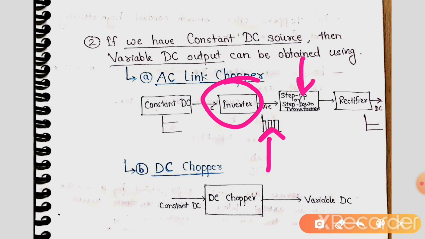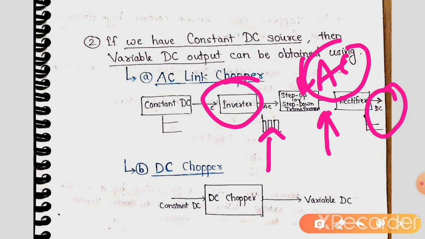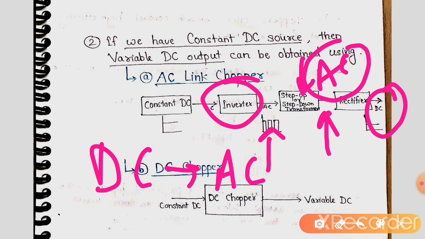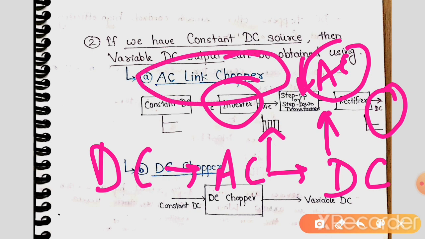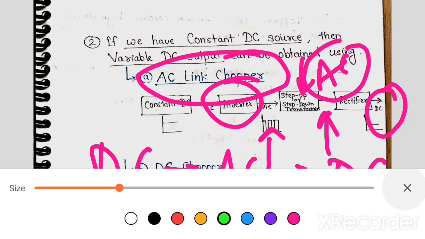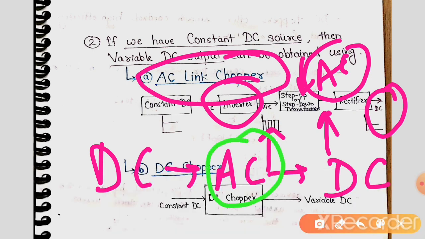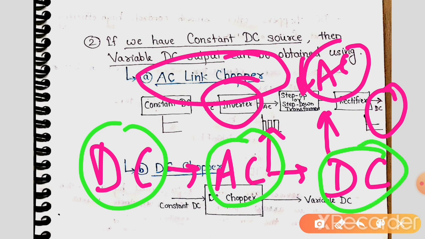The output of this transformer is AC, and this AC is again converted to DC using a rectifier. So we convert DC into AC first, then AC is stepped up or stepped down as per our requirement, and then AC is again converted to DC. This is an AC link chopper, because AC is the intermediate step between the input DC and output DC. AC is linking the input and output DC, that is why it is known as an AC link chopper.